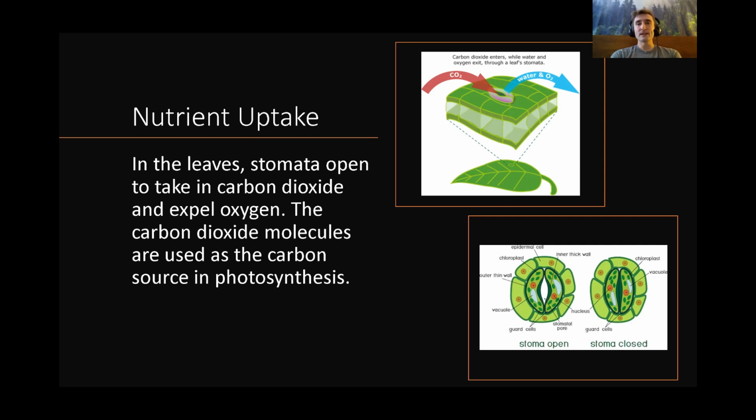When the plant releases the water in the form of water vapor, it creates a vacuum because there's water all through the plant. Where did the plant get the water? It got it from the soil and through the roots.